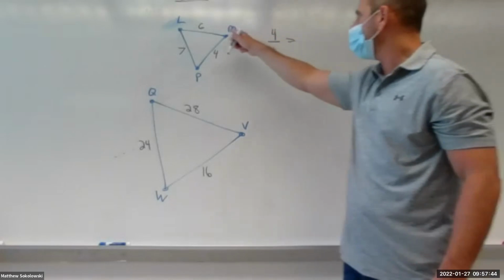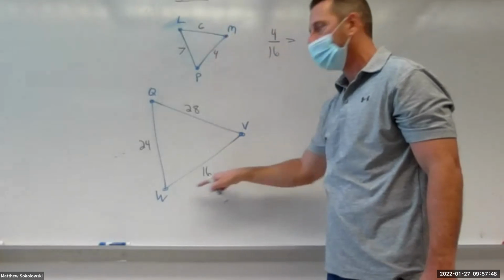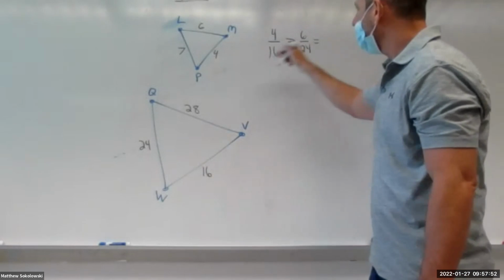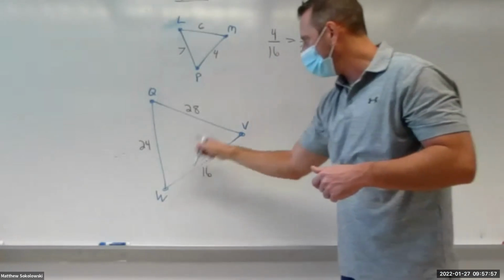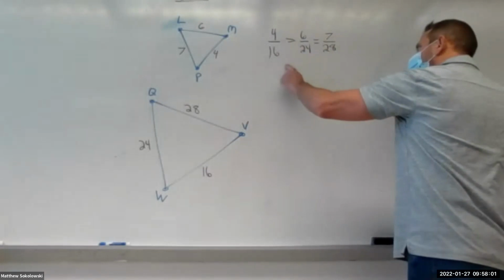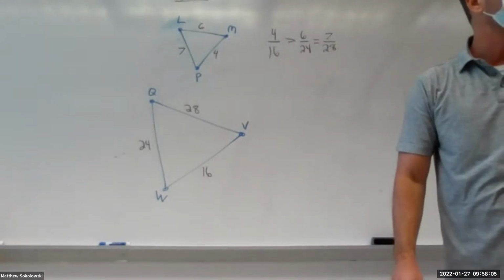The next smallest side here is 6. What's the next smallest side here? 24. What's the largest side here? 7. What's the largest side here? 28. Is 4 over 16, 6 over 24, and 7 over 28 the same thing?